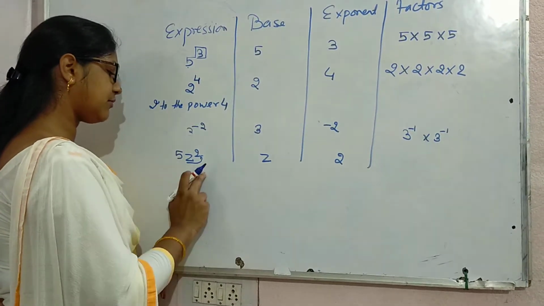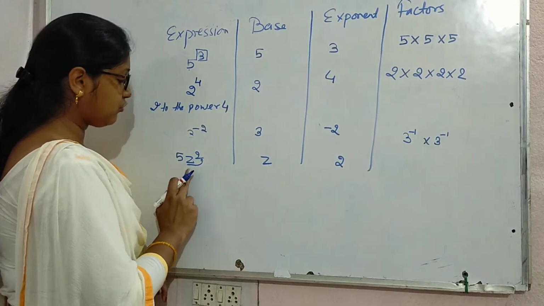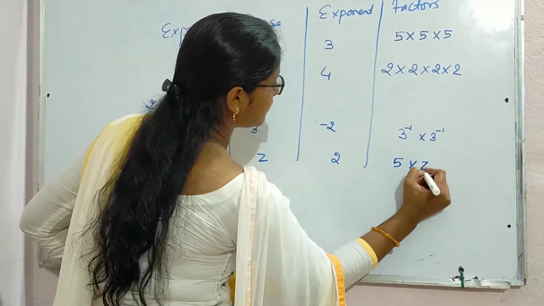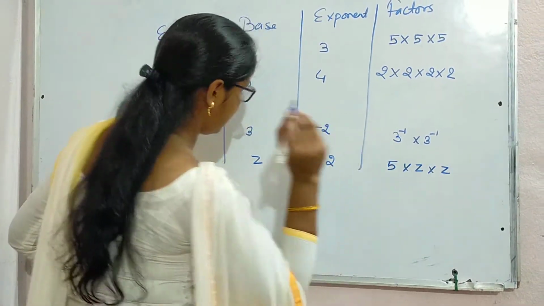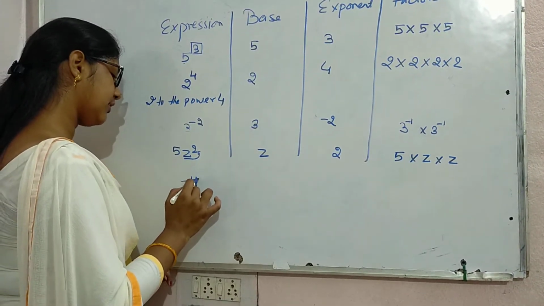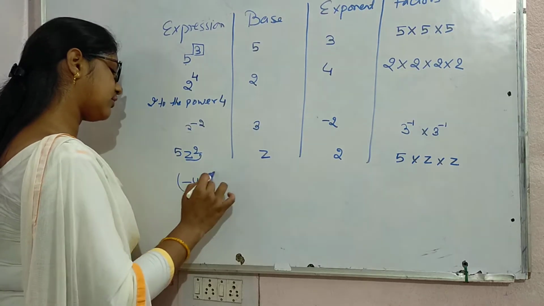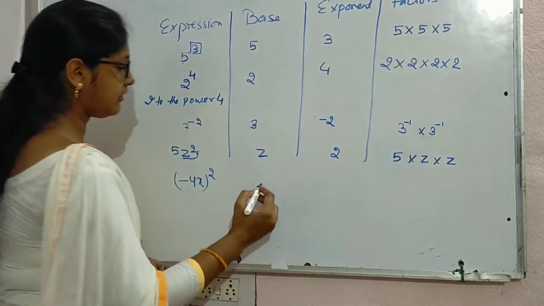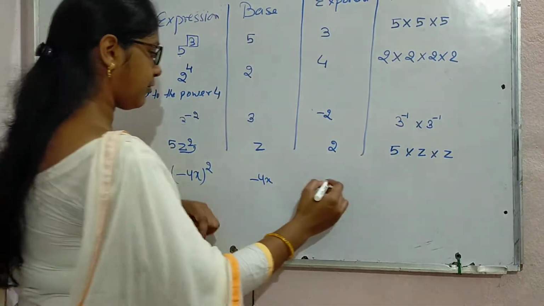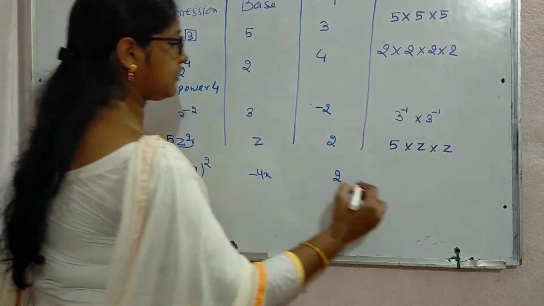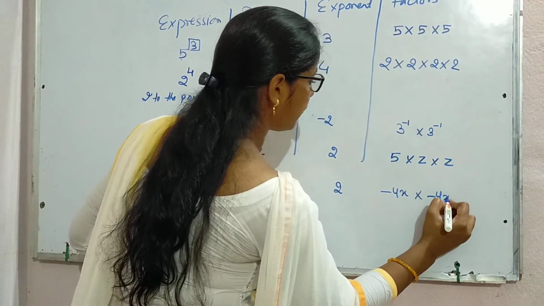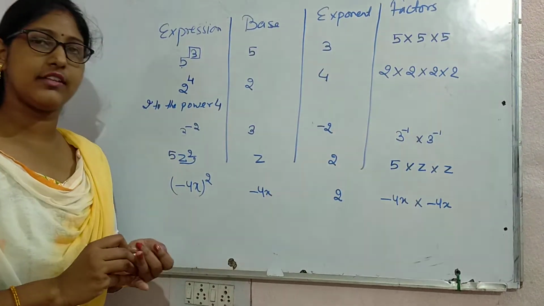Because this expression is made by 5 into z square, the factors are 5 into z into z. Suppose we have minus 4x square. Then here minus 4x is the base, exponent is 2 and the factors are minus 4x into minus 4x. I hope this concept is clear.